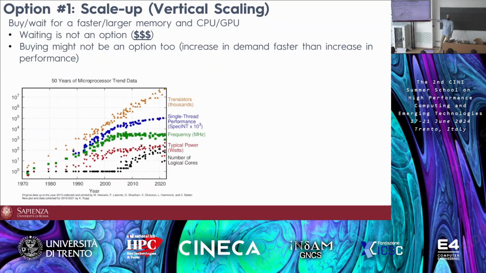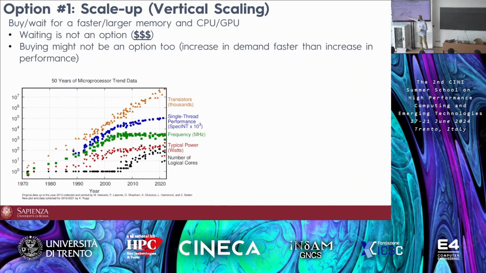Have you seen this picture before? No? Okay, well, that's a quite popular picture. Again, we have on the x-axis the year, on the y-axis we have several things. So we have the frequency of the CPU. As you can see, at some point this just stopped increasing, and this is for physical reasons. I am not the most suited person to explain why this happened, but there are physical reasons why the clock frequency of circuits is not increasing anymore.